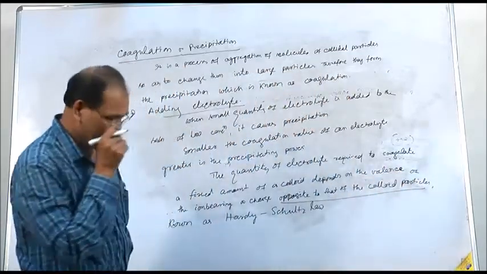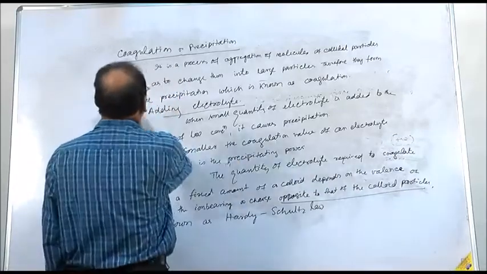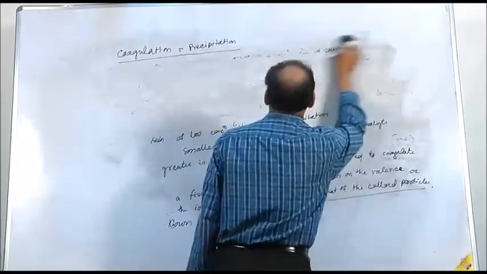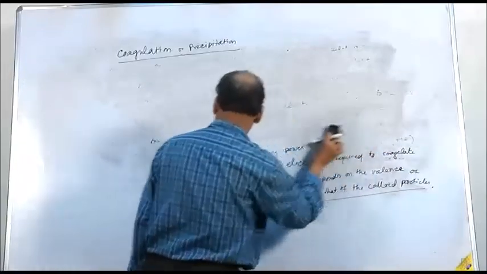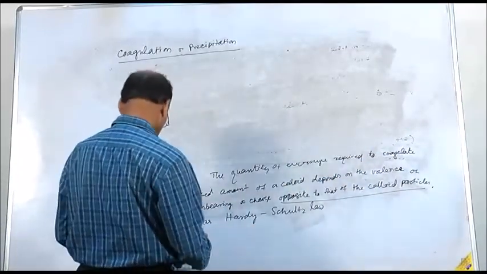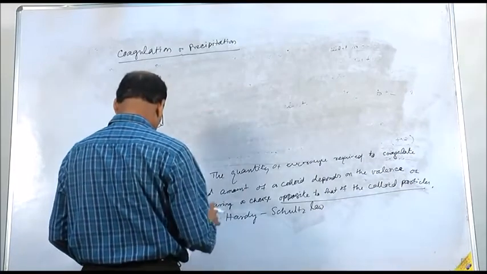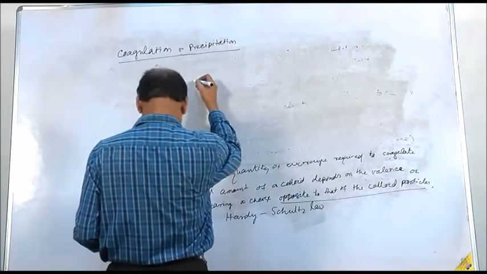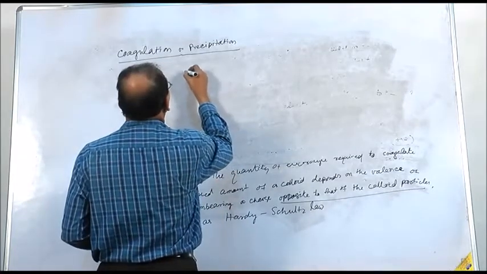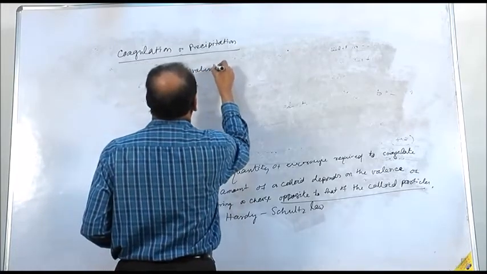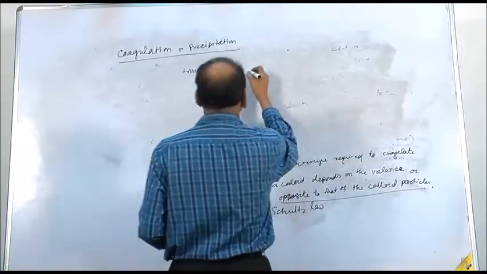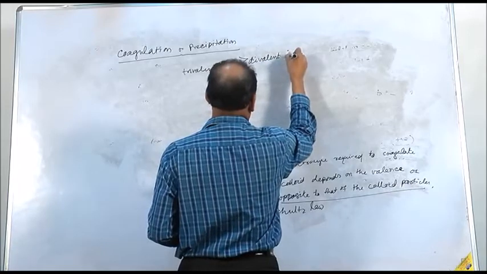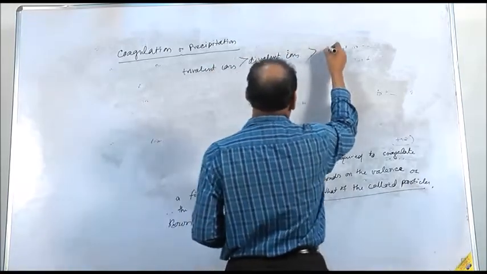That means the coagulation depends upon the valency of the electrolytes added to it. So in that case, it is seen that trivalent ions are greater than divalent ions, which are greater than monovalent ions.